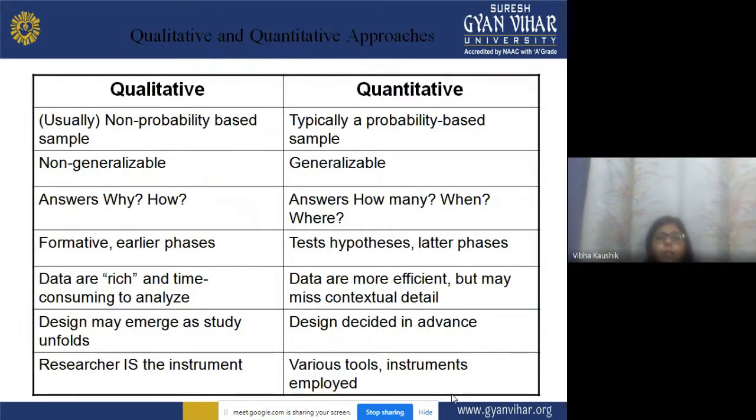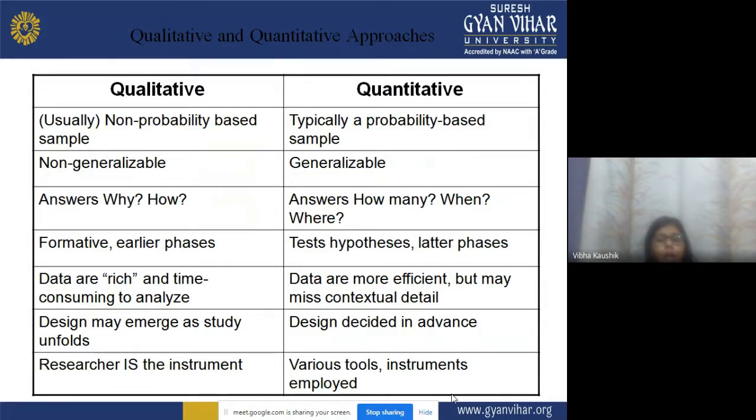Now, the qualitative and the quantitative approaches. Qualitative uses a non-probability based sample. Non-generalizable means the results cannot be generalized. It answers why and how: why it is happening and how it is happening. It is formative, focusing on earlier phases.